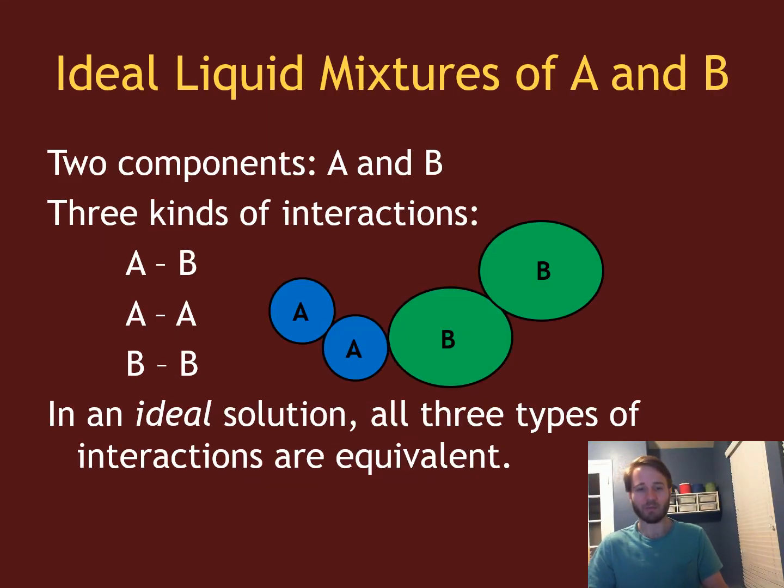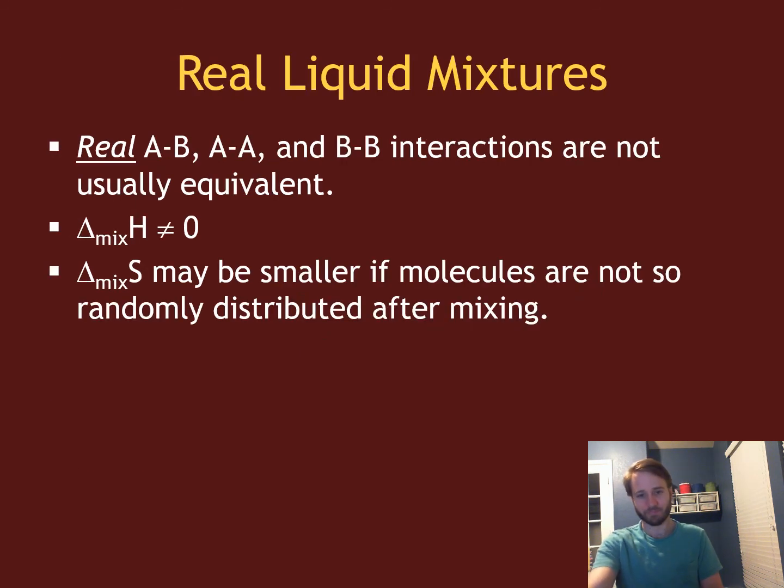And again, what makes a liquid ideal or not is related to the fact that you have intermolecular forces between molecules A and A, B and B, and A and B. The only way a solution is ideal is if those intermolecular forces are the same between all three kinds of pairs. In a real solution, those things will not be the same.